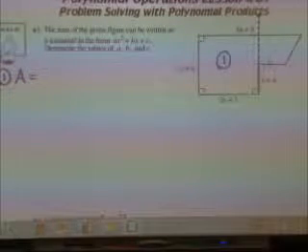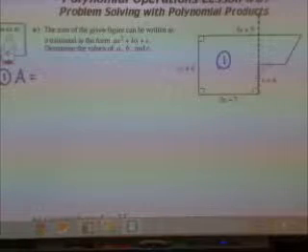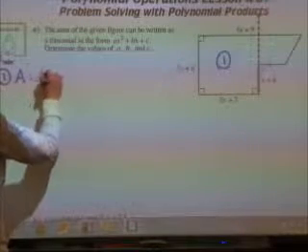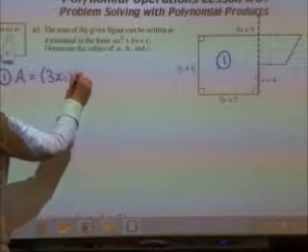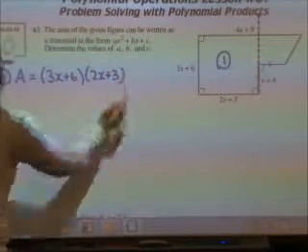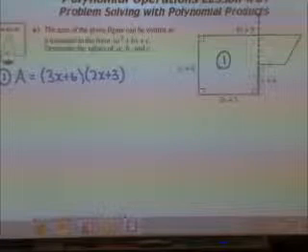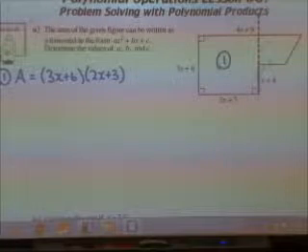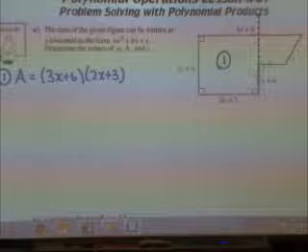Length times width. And what's the length? 3x plus 6. And what's the width? 2x plus 3. So if I calculate the area of that, when I go to multiply this out, what do I get?